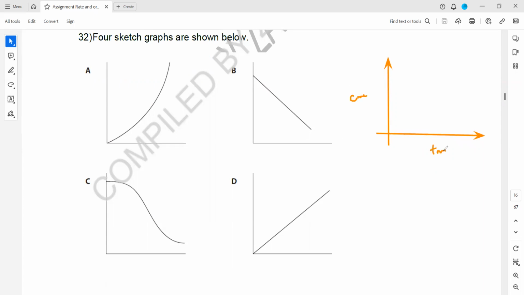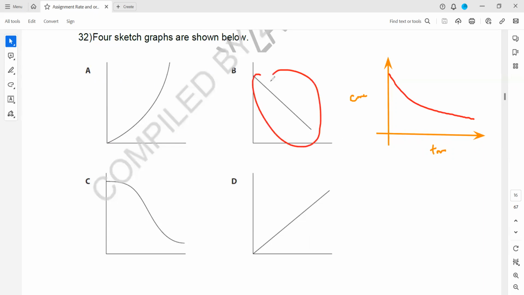If you have a concentration time graph for a first order, it will be like this. But they mention that as the product is formed, the product is acting as a catalyst. So in the beginning, the reaction will be slower, but when the products start to form, the reaction becomes faster. And the concentration must be decreased. So either B or C can be an answer, but why not B?